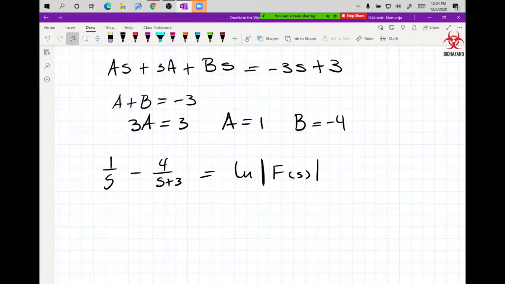And now you're supposed to do the inverse Laplace. Now this is where the inverse Laplace formula kicks in. Remember, supposed to kill ln, right?